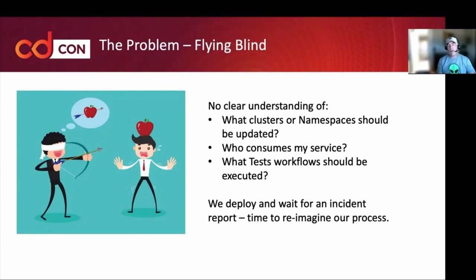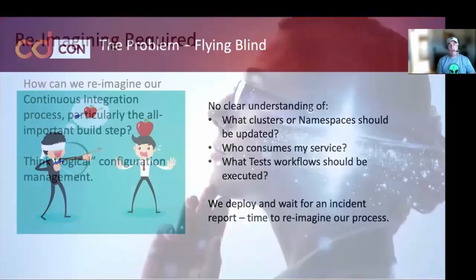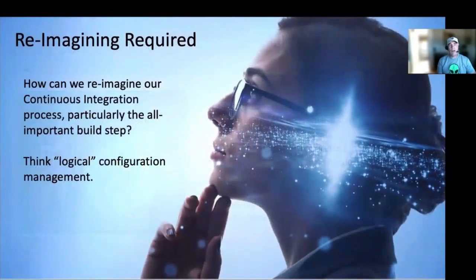The one thing that we don't really want to do is deploy and then wait for an incident after we deploy. We want to be proactive and not reactionary as part of that process. In order to get there, we need to reimagine our process. So how do we do that? We can think about our continuous integration process and the build step a little bit differently.